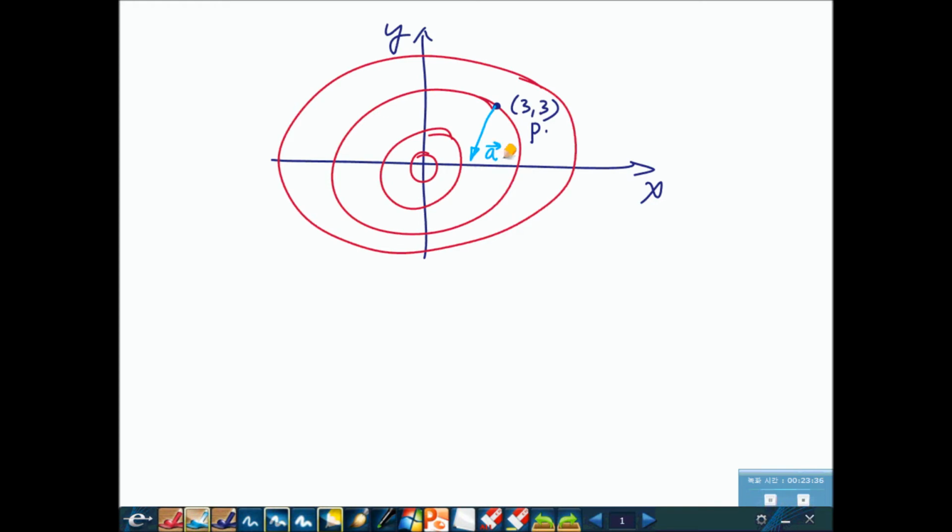And the gradient at P is this. This is the tangent, so the gradient is perpendicular to the tangent at that point. I'm going to explain more, but you can remember that.